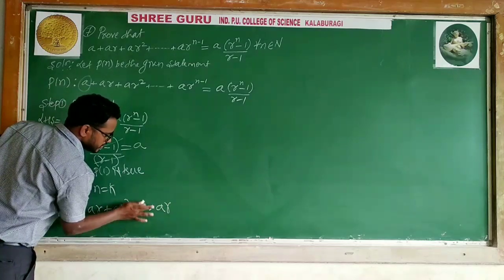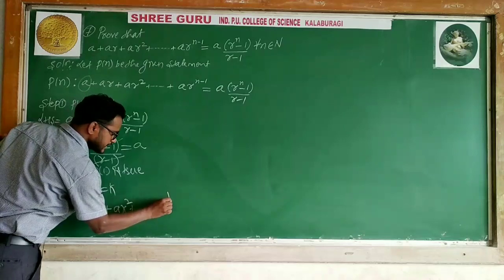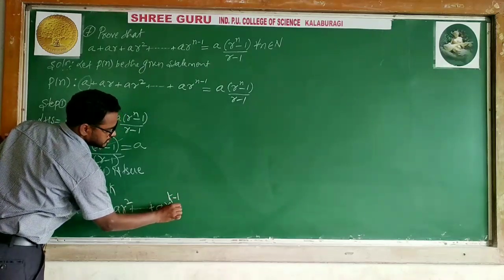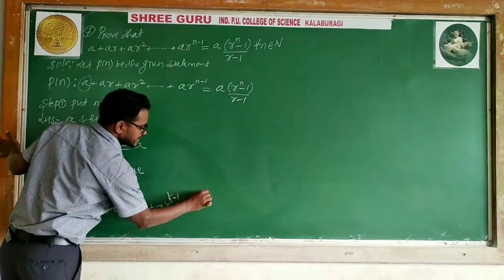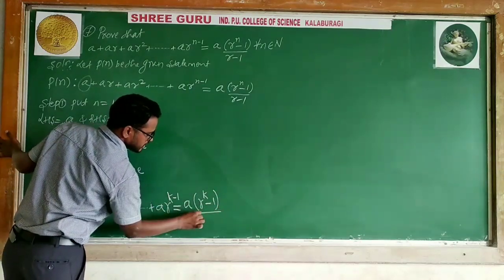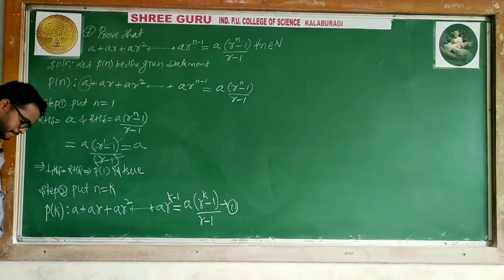A r to the power k minus 1 is equal to a into r to the power k minus 1 divided by r minus 1. Call it equation 1.